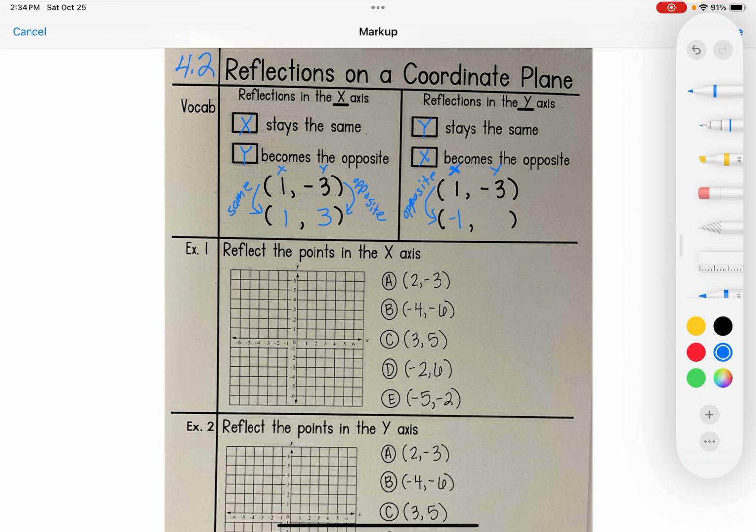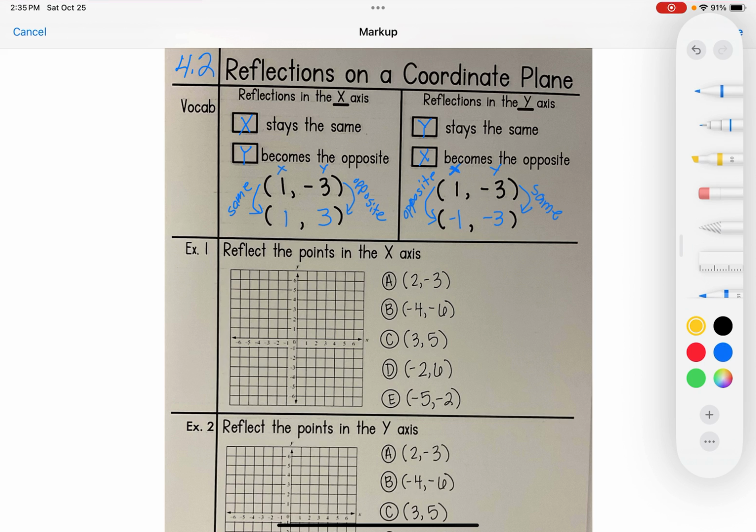So 1 would become -1, and the y would stay the same. So -3 stays -3.